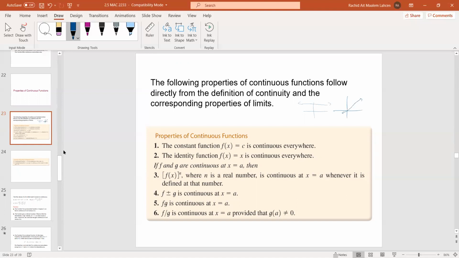So if you graph y equals x, it's continuous everywhere. f of x equals x to the power n, where n is a real number, is continuous. x squared, for example, is continuous everywhere. f plus g is continuous: if f and g are continuous, then f plus g is continuous at x equals a. f times g is continuous, and of course f over g, where g should not be 0.